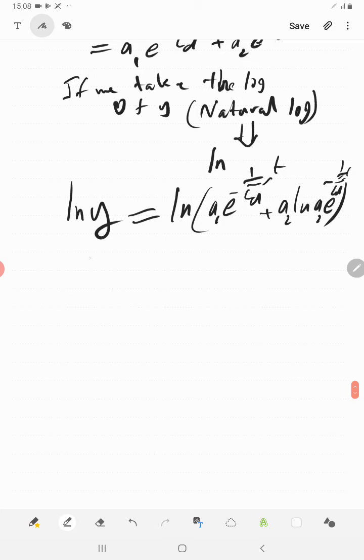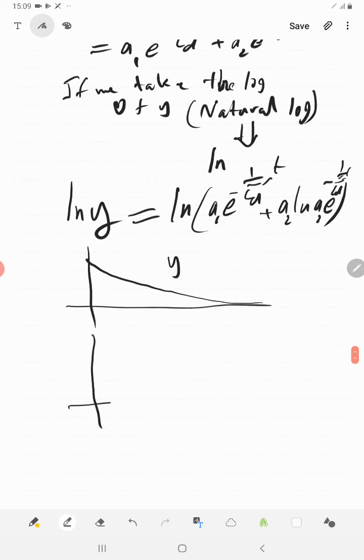Let's compare them. We have this y. We'll be having something like this.